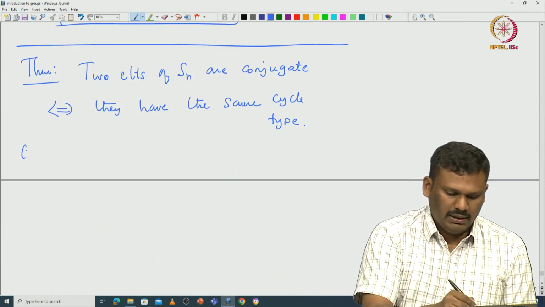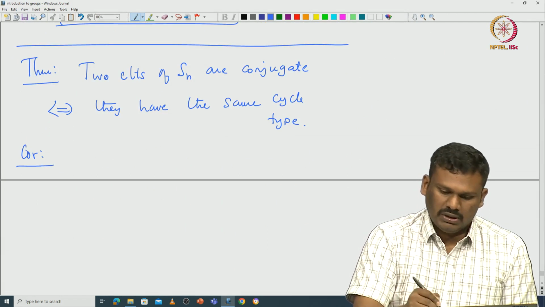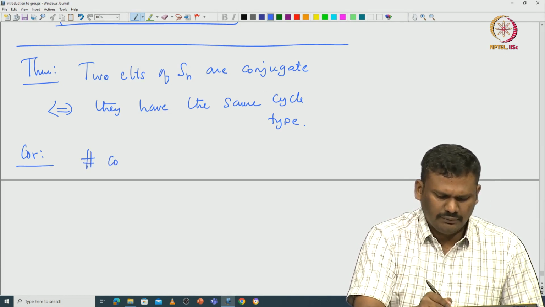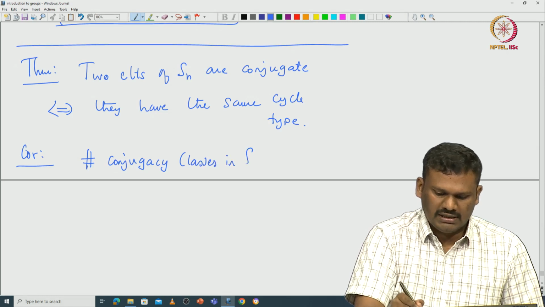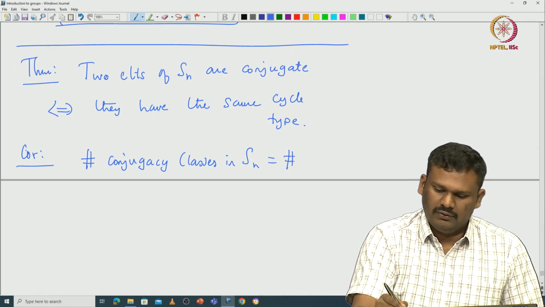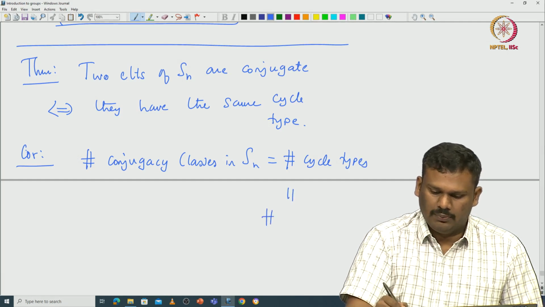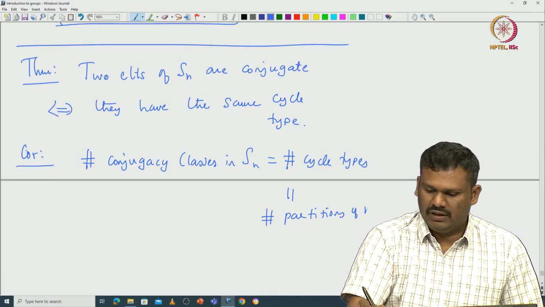Now, what will be the immediate corollary? The number of conjugacy classes in Sn is exactly equal to the number of cycle types that we get, which is exactly the number of partitions of n.